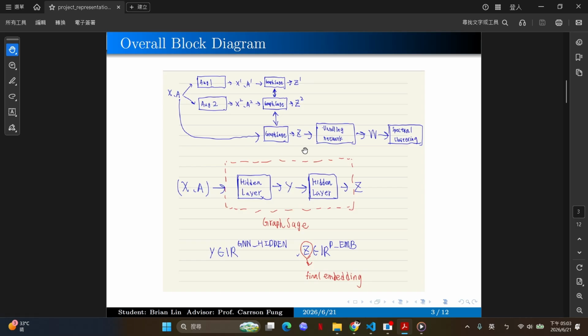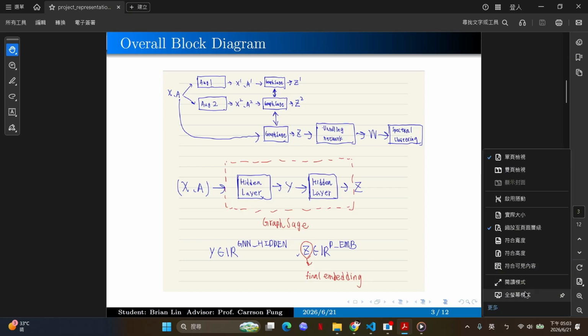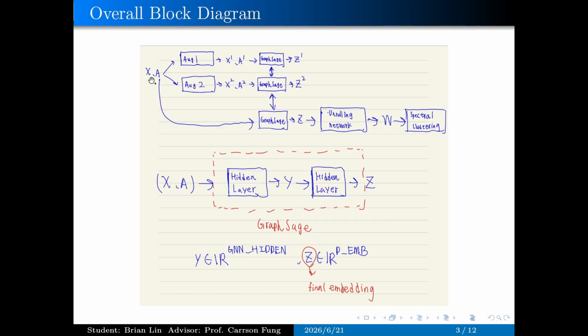The overall block diagram is this. The original node feature matrix S and the adjacency matrix A will be augmented into two different views. The first view is S1 A1, and the second view is S2 A2, and both views are fed into the graph stage to generate two different embeddings, and we use these two embeddings to do the contrastive learning.